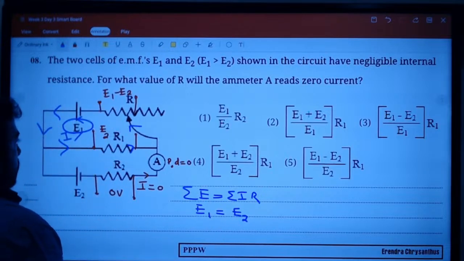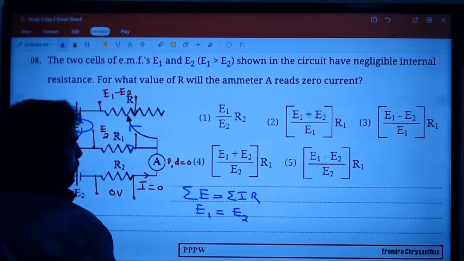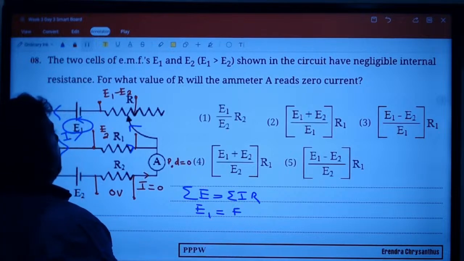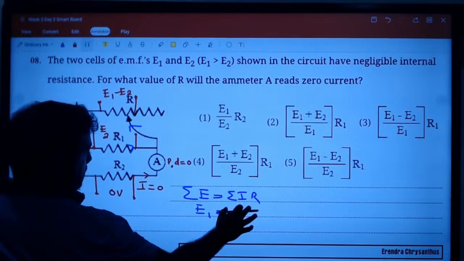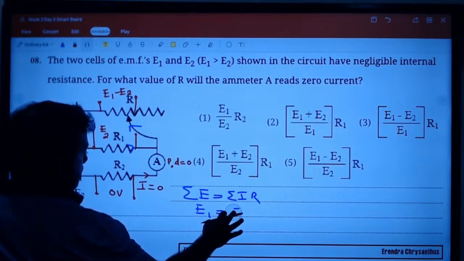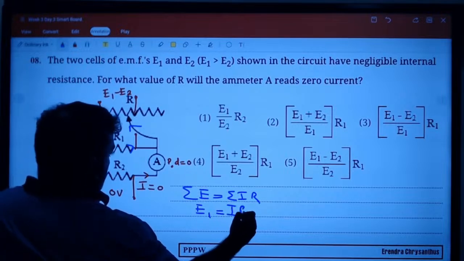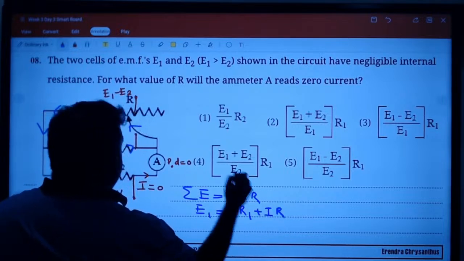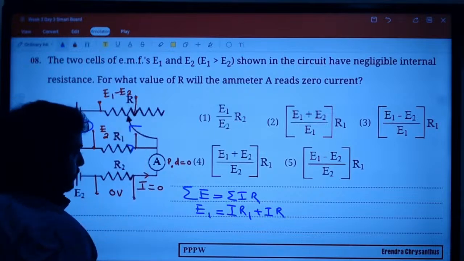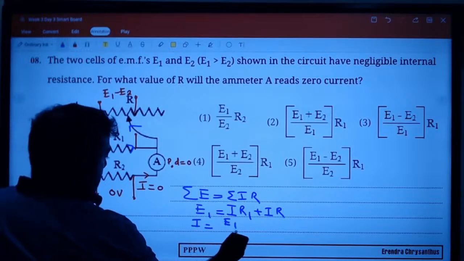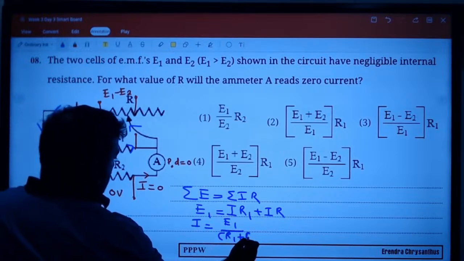Let's find the current. Current times R1, current times R. We don't know how much this resistor is, but R. Here current is equal to E1 divided by R1 plus R.